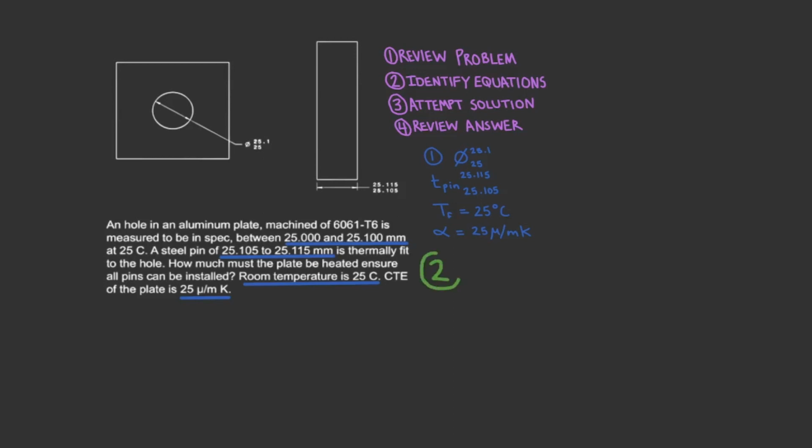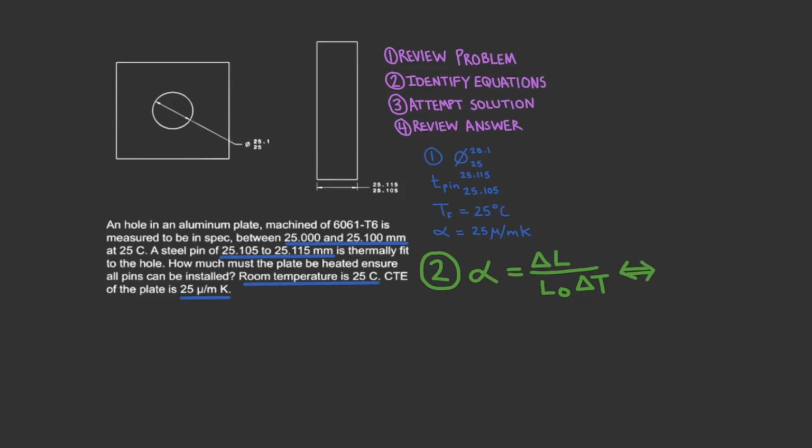Now, this is a good time to move on to step 2, identifying the equations we want to use to solve this problem. As we now know, because the coefficient of thermal expansion is provided, we want to look up our thermal expansion equations. When we do this, we find our thermal expansion coefficient is equal to change in length divided by the original length times the change in temperature.